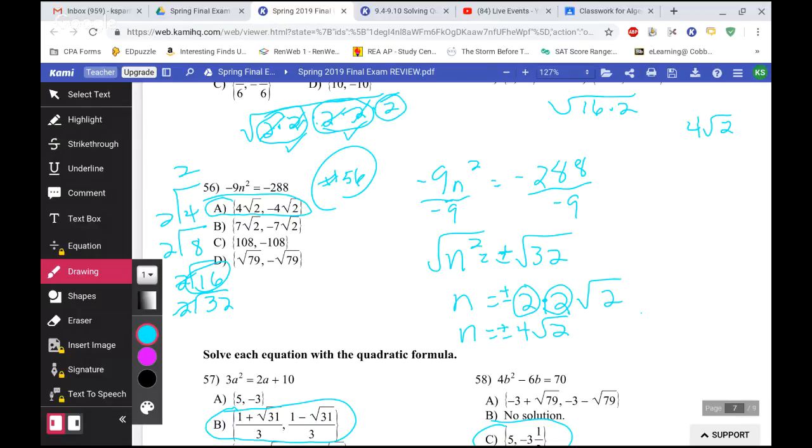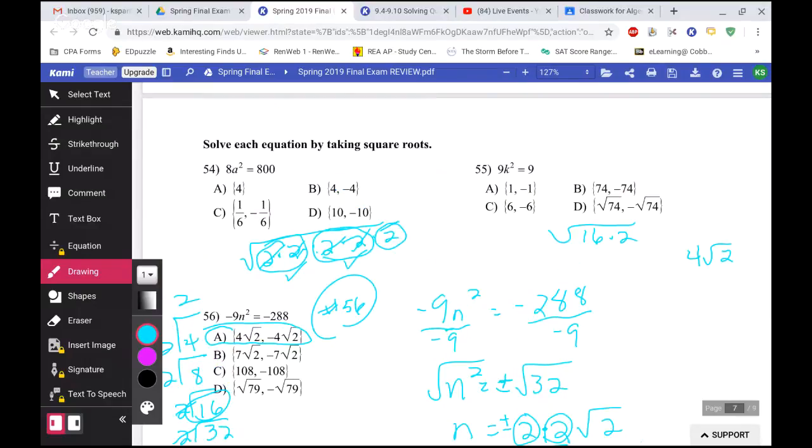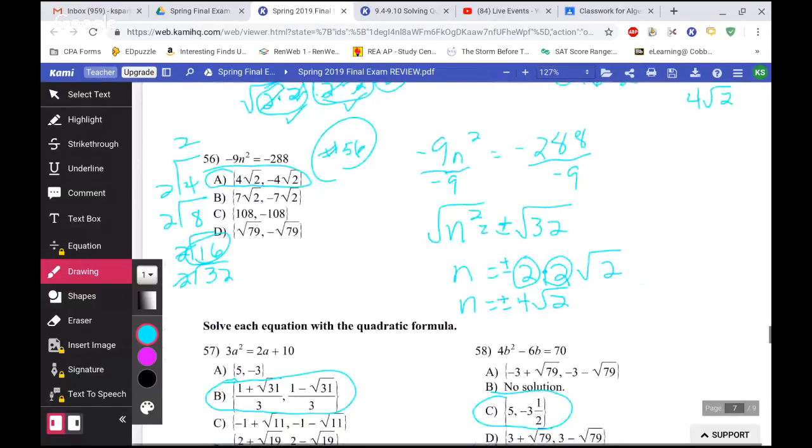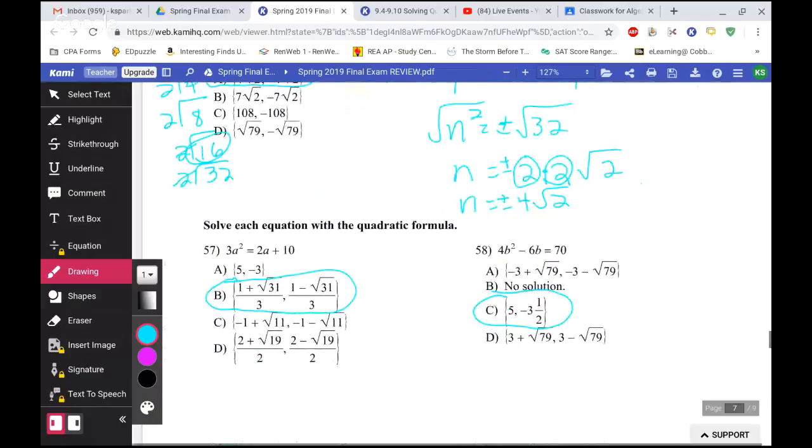Maybe tomorrow in class for about 5 or 10 minutes, we need to just do a worksheet of simplifying radicals so that this will start to ignite, because this is part of the final. All of these ended up being perfect squares, unfortunately, number 54 and 55. But it may not be like that on the final. You may have to simplify a radical. And yes, on the quadratic formula on the final, you may have to simplify radicals.